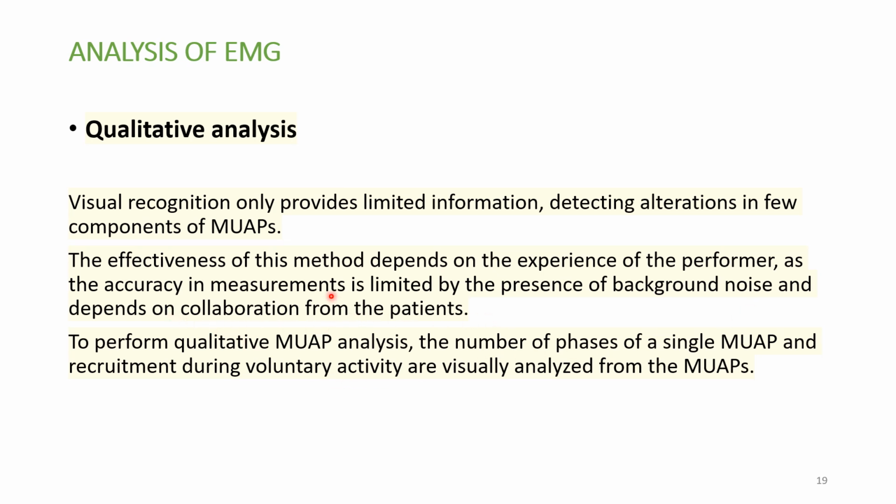So this is not commonly used because it depends on the experience of the performer and only a few alterations can be detected. To perform qualitative MUAP analysis, the number of phases of a single MUAP and recruitment during voluntary activity are visually analyzed from the graph. So, first a single MUAP is recruited and progressively more MUAPs are recruited.